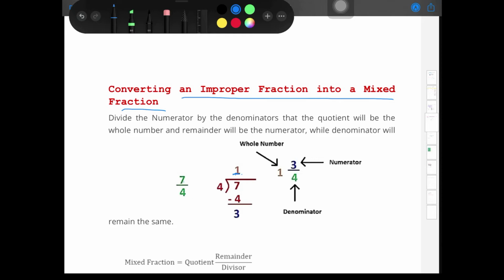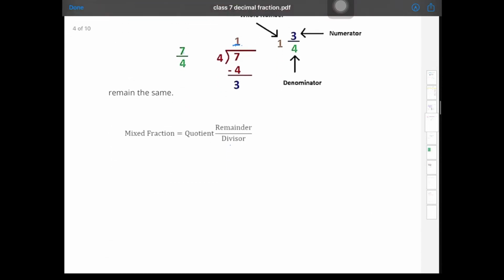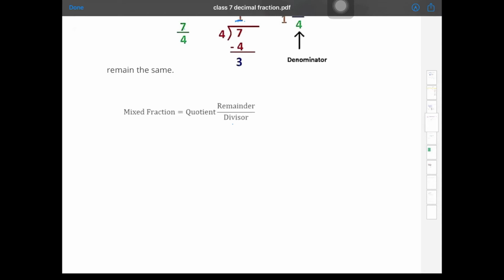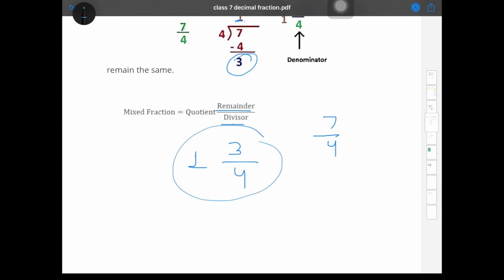For writing this, you have the quotient, then the remainder divided by the divisor. So here 7 by 4 was there, the quotient came 1, and the remainder is 3, so 3 by 4. Like this you can write an improper fraction in mixed form.